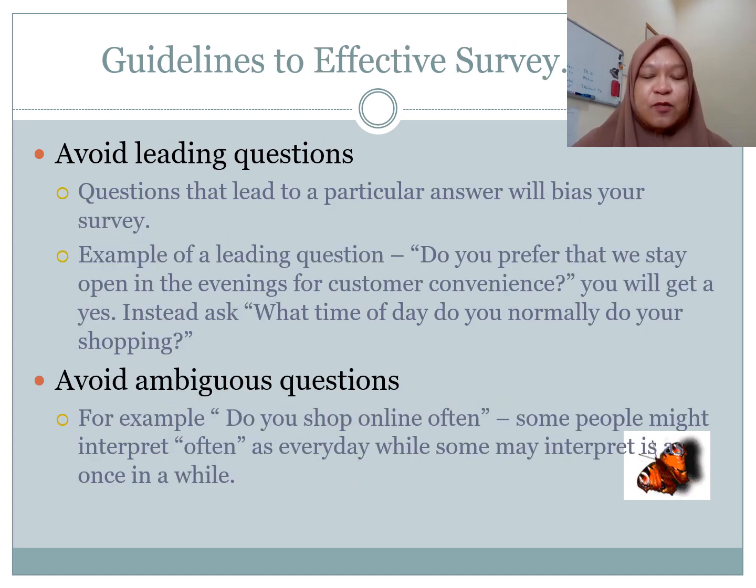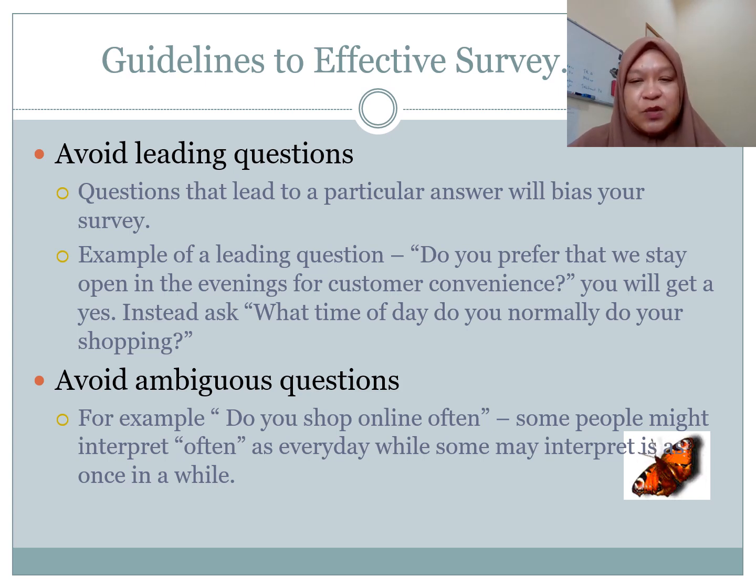Avoid leading questions. Questions that lead to a particular answer will bias your survey. Don't ask a question which gives a clue about the answer that you are looking for. Example: do you prefer that we stay open in the evenings for customer convenience?